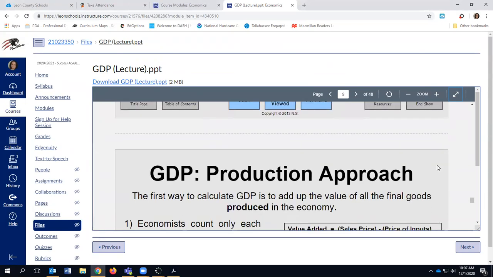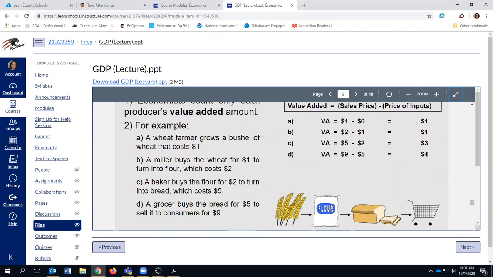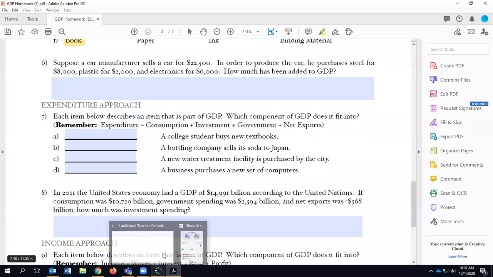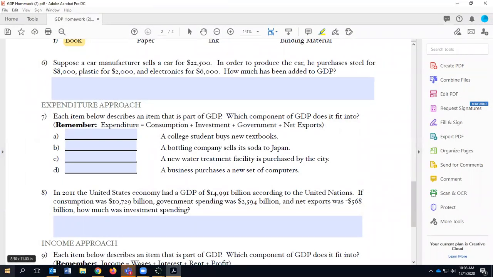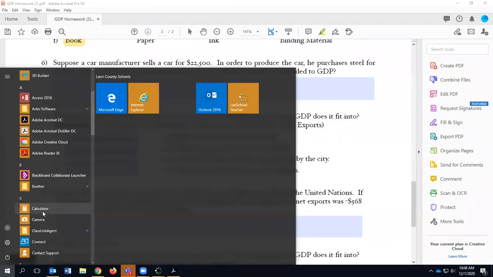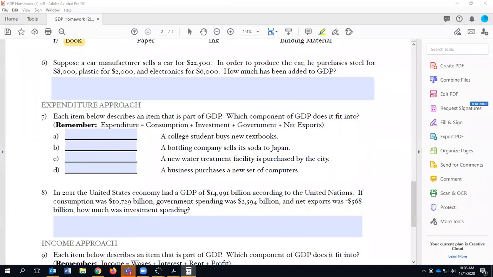So here's our value added model. What we're doing is, let me pull my calculator out here.